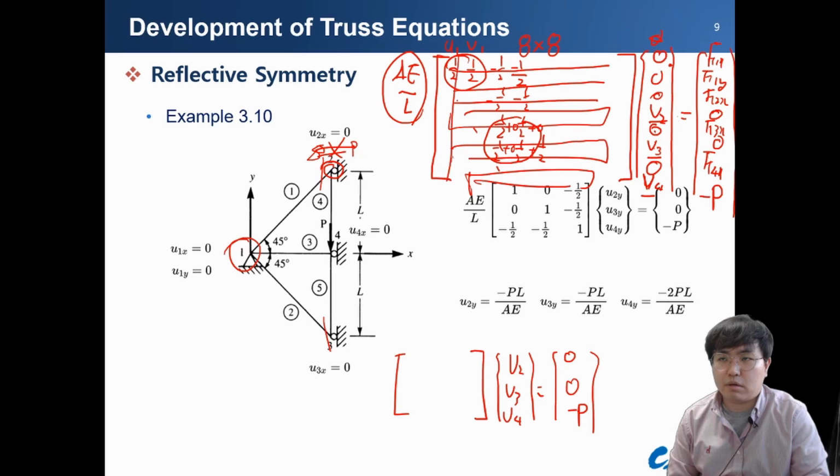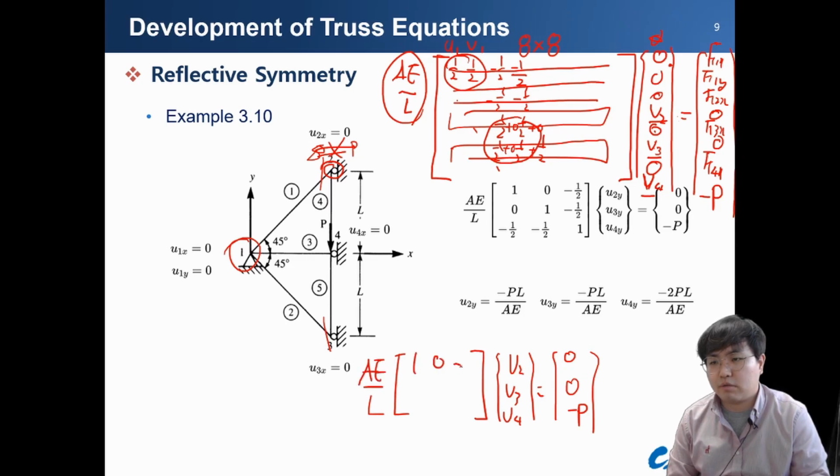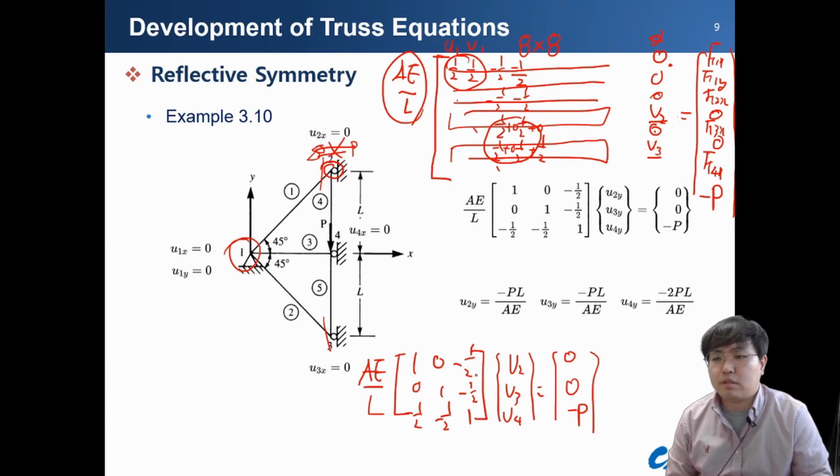In a similar manner, we can cancel out some values, and then finally we obtain these values in here. This is the reduced case, and this matrix is a 3 by 3, so you can solve this. You can take the inversion of this 3 by 3 matrix, so that you can finally obtain this value in here.